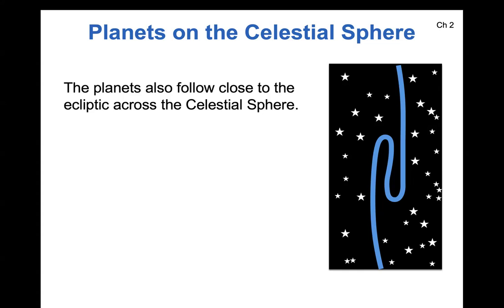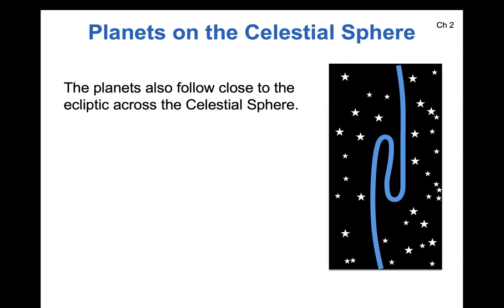So, to get us started on that, there's one good thing to remember, which is that the planets' motion is actually close to the ecliptic. And that's because the whole solar system is like a disk. All of the orbits only vary a little bit from each other. So the solar system is essentially flat.